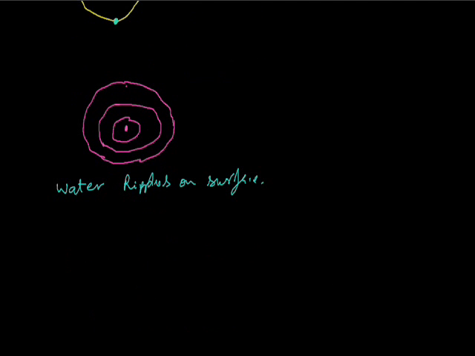So in transverse waves, if the wave is moving in the positive x direction, then the medium particles vibrate in the direction perpendicular to wave propagation, and gradually the energy is transferred from one particle to another. So this is transverse waves.